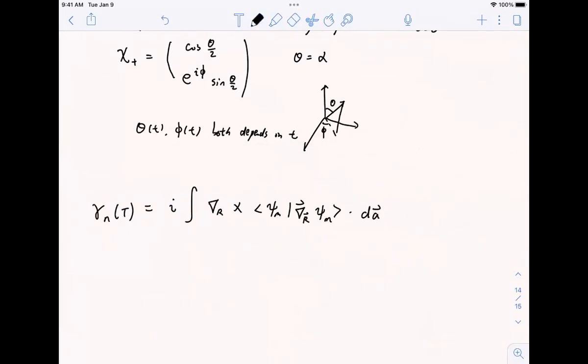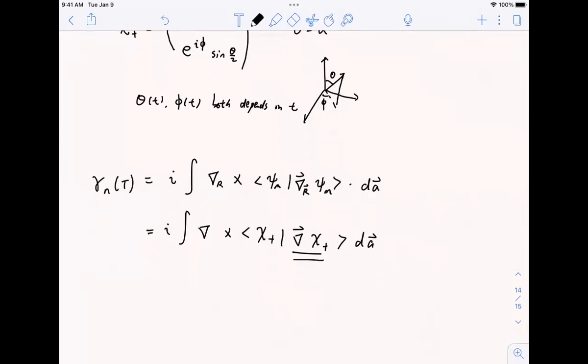So this one will be R times, in this case it's not just R, it's just the curl in real space now, because the magnetic field is in real space. So you have M, then you just do the gradient. This will be the alpha plus, and then this will be the alpha plus, and then this is the area.